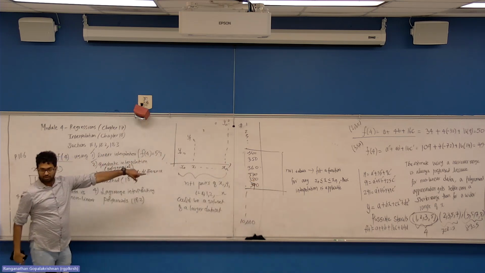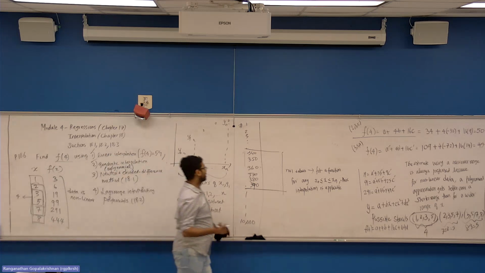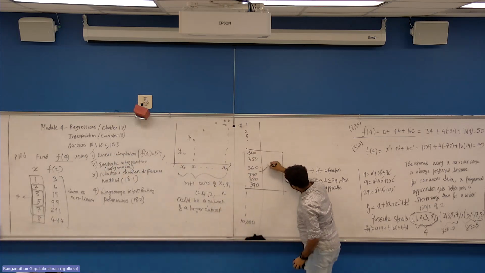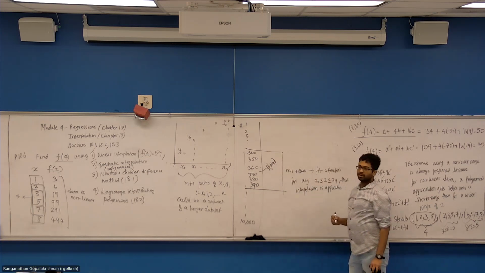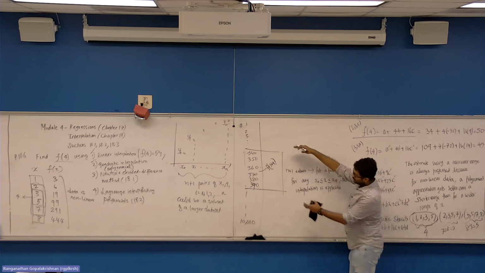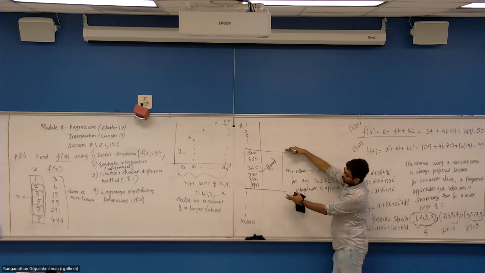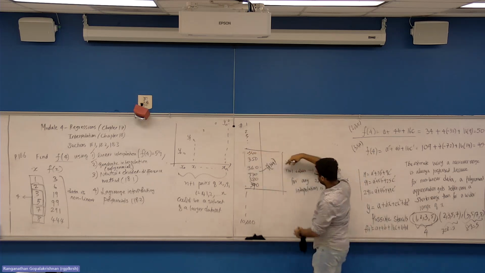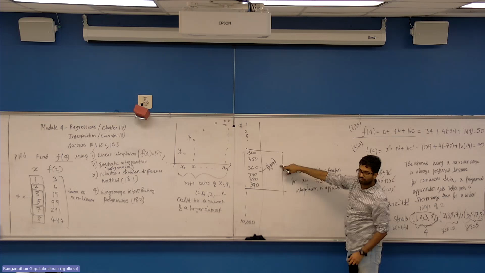That is 6 values. And I'm interested in getting f of 364. I would take these 6 values, fit a function to them, and use it to compute f of 364.